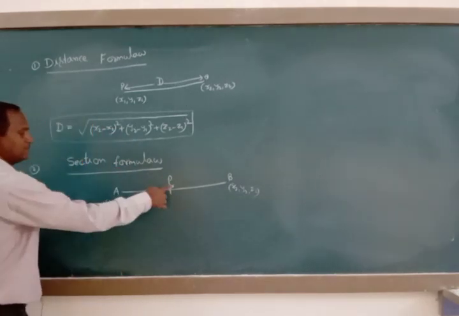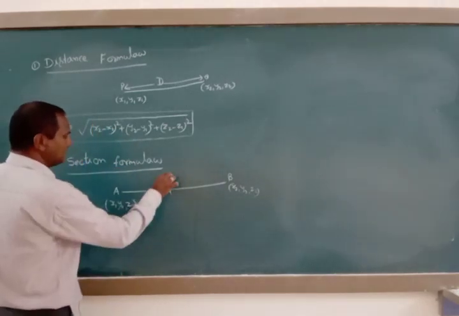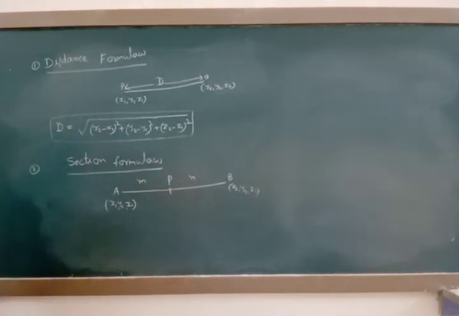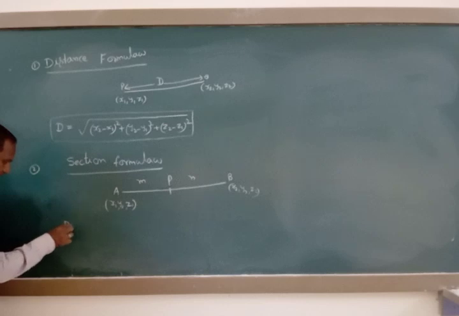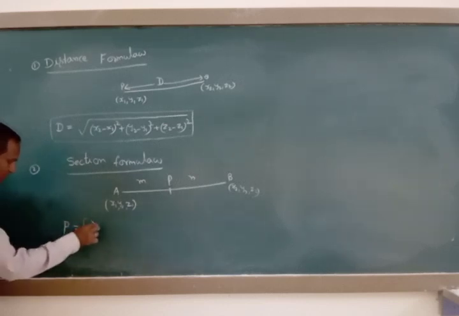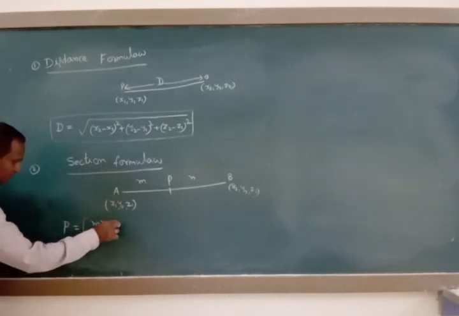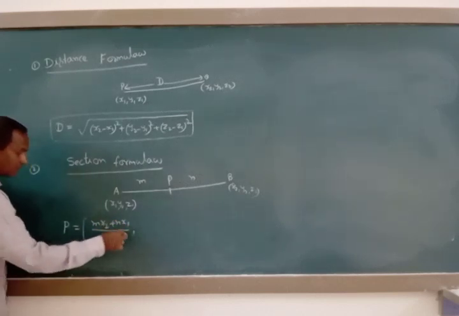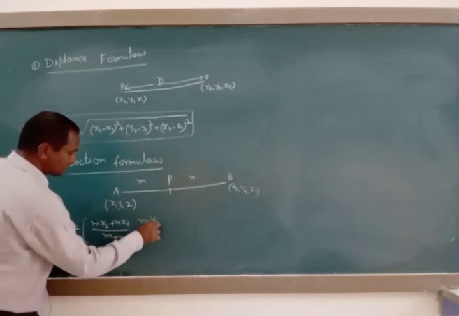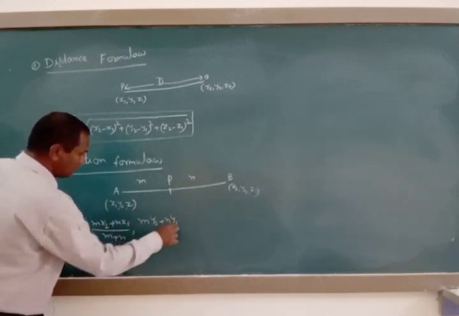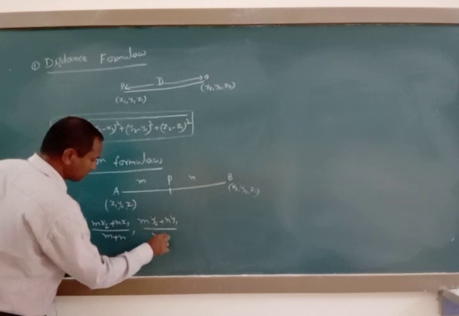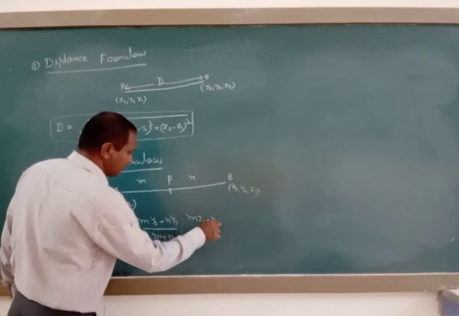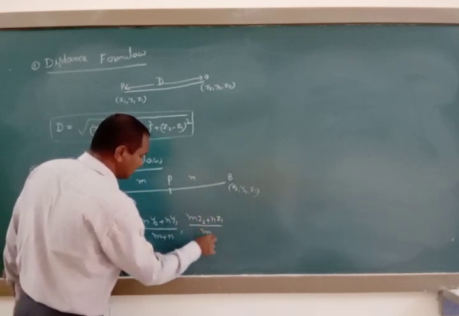P divides the line segment AB in the ratio m:n. Then the coordinates of P are (mx2 plus nx1) divided by (m plus n), (my2 plus ny1) divided by (m plus n), (mz2 plus nz1) divided by (m plus n).